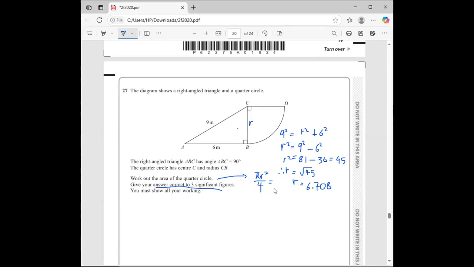Now, did you notice something? I didn't see this on time. At this point, we could have even stopped our calculation here. There was no need. Did you notice that? Yes, because r squared is 45. All we needed to do is just say pi times 45.